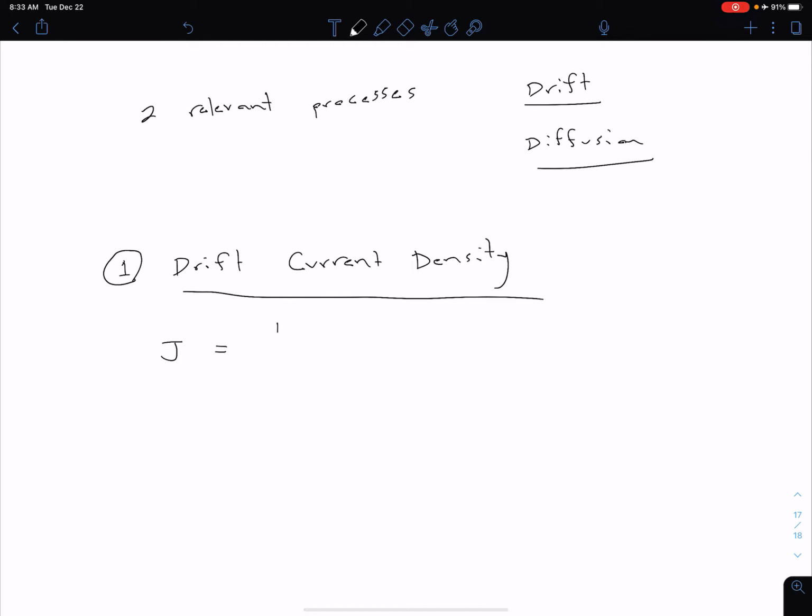In general, that's equal to our current, I, divided by our cross-sectional area, A. And typically in semiconductor physics, dimensionally this is going to be equal to amps divided by square centimeters. So that's the typical units you'll see for this.